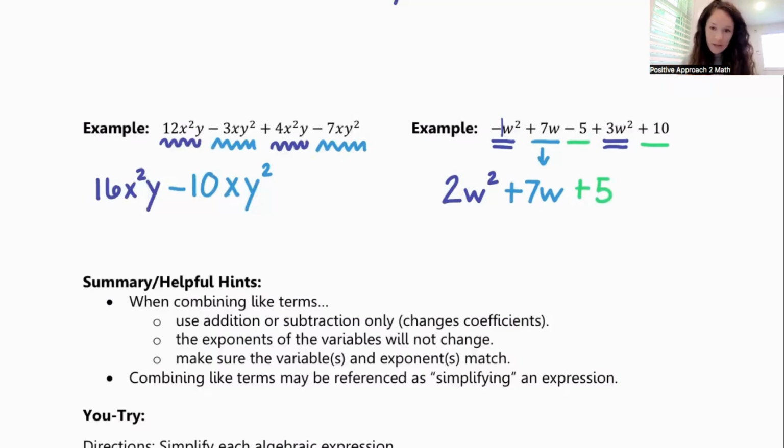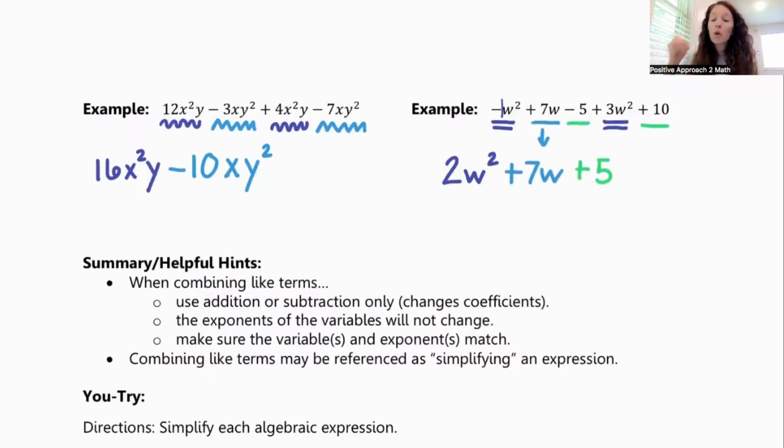So some helpful hints we have here. When we're combining like terms, it is important to remember that we are using addition or subtraction only. So when someone says combine like terms, think adding and subtracting, and you're changing the coefficient, the number in front of the variable. That is the only thing changing, and it will change by either adding 2 things or subtracting.